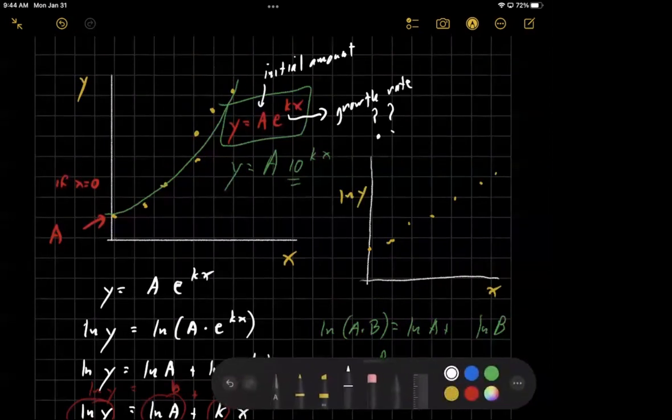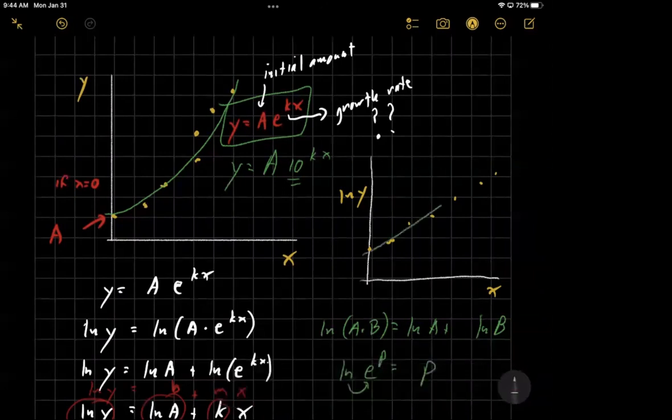So we can fit a straight line to it. Once again, you can statistically do this. That's usually what you would do with Excel or a graphing calculator, or in the old days, you might have sketched that by hand and then determined its slope and its y-intercept.